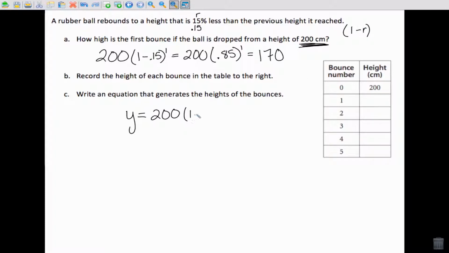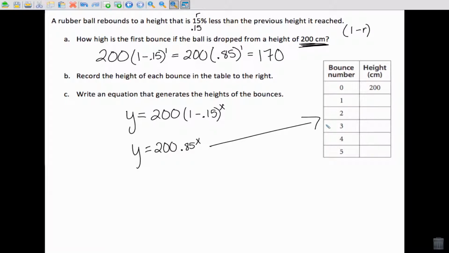So 1 minus 0.15 to the x power. Or that would just equal 200 times 0.85, because if we're losing 15%, we're keeping 85%. And that is the equation you could use to plug those in.